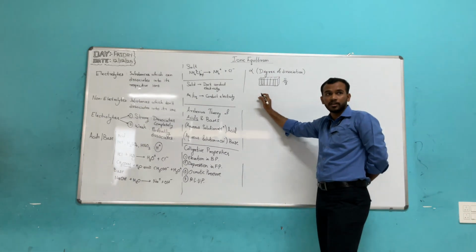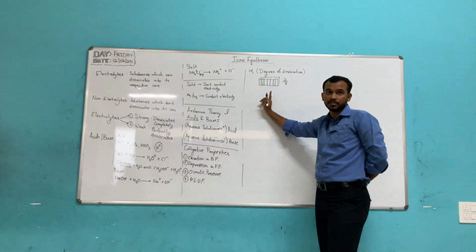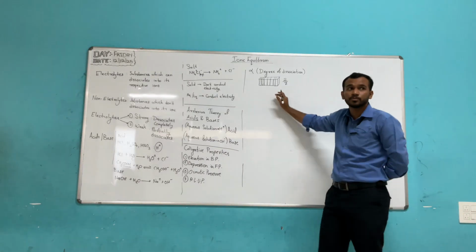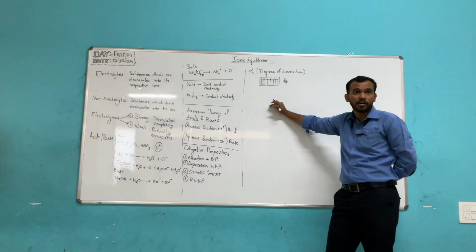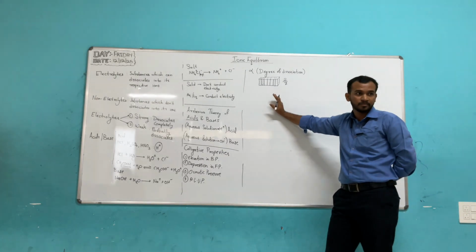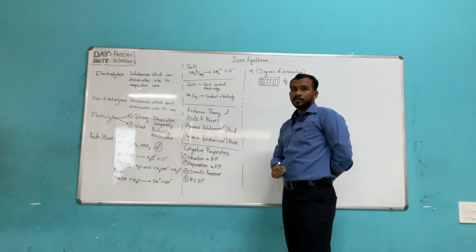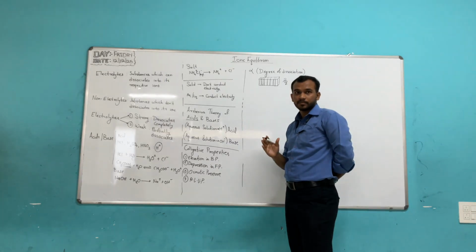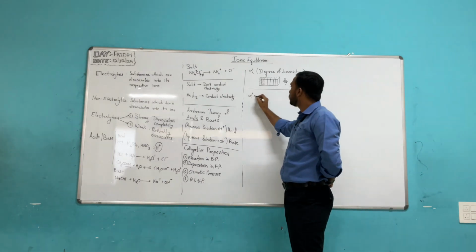Suppose in a particular solution, I am telling you, the solution is made up of 2 things: solute plus solvent. Here our solute is what? Acids, bases, or salts. Salts may be neutral, acidic, or basic, depending on the nature of the substance. So, what is alpha over there?